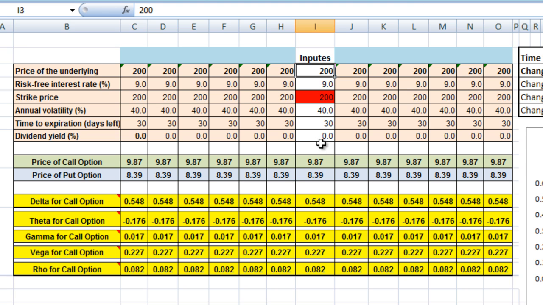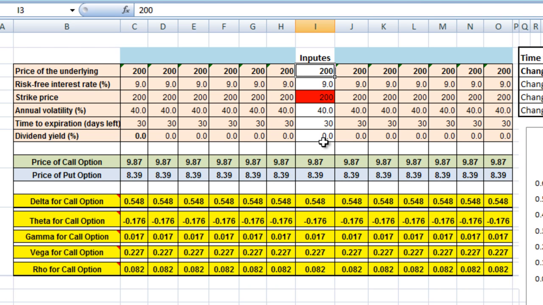Using all these inputs, we get the option price of 9.87. We have already understood that if I increase the price by $1, the call option price will increase with respect to the delta. The delta is 0.548. If I increase the price by just 1, we see it has increased as per the delta.